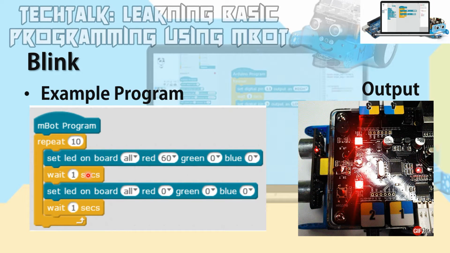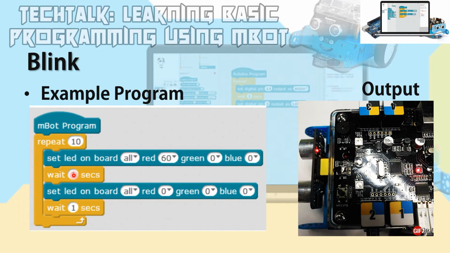Now, this is the knowledge key point. What if we delete this wait 1 second block, for example? Now, as the program is uploaded in Arduino, it runs very fast, even quicker than the duration of vision, about 0.05 seconds.